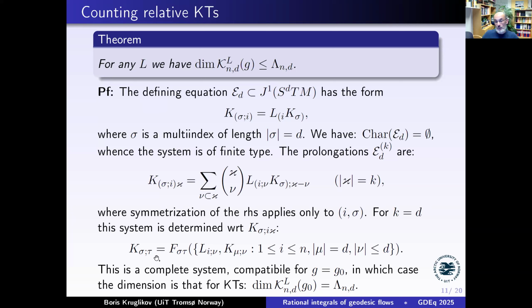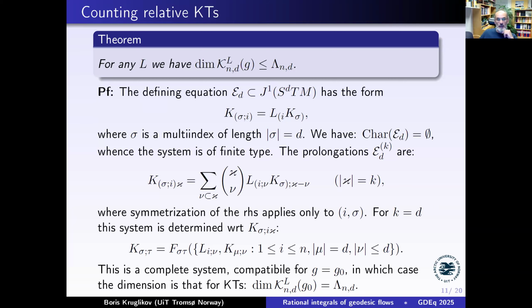So that's a complete system of Frobenius type, and then one has to go and study compatibilities, cross derivatives and other stuff. That's very involved. But the system is compatible at least for g equal to g0. And in this case, the dimension of the space of Killing tensors is the same as if we take just L equal to 0. And so we get this number from before, lambda n, where there was the factorial formula.